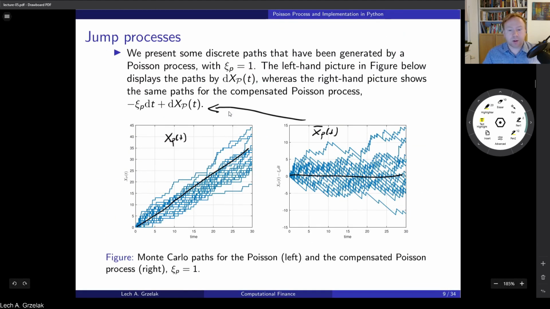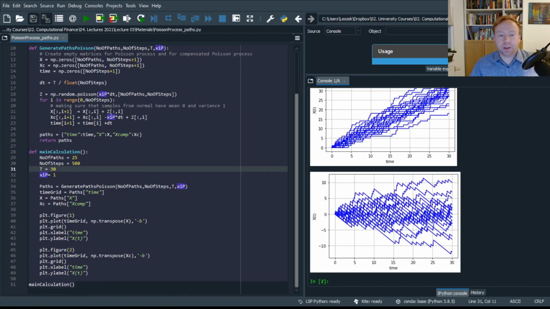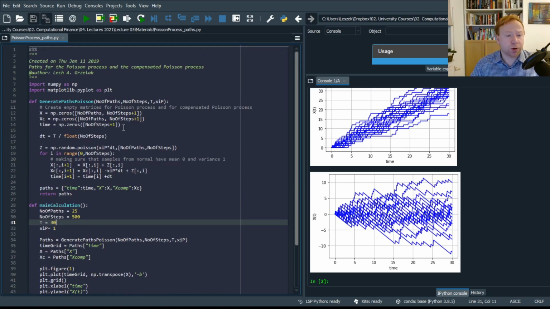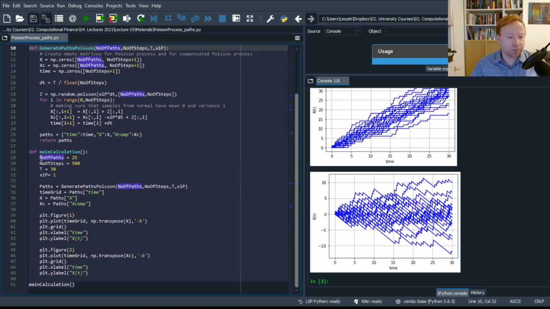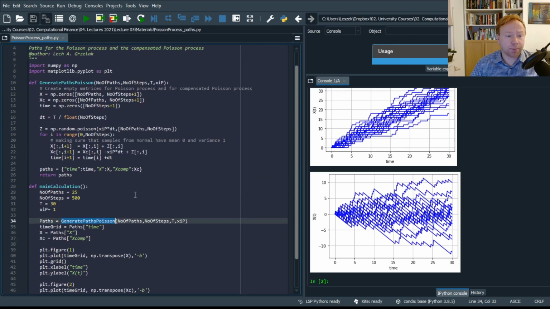So let us take a look at how to implement this process. How would you simulate the paths, the realizations from this process? Here again, I have prepared a small piece of code. There are two parts to it. The first part is where you specify the number of paths, number of steps, maturity time, and intensity, which here is equal to 1, and then we call a function with those parameters.